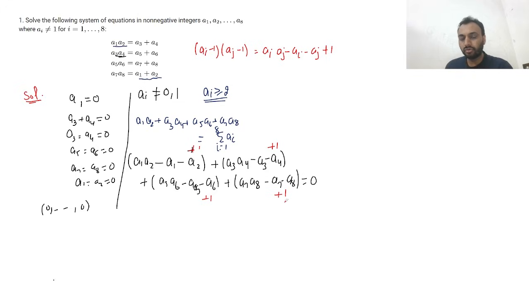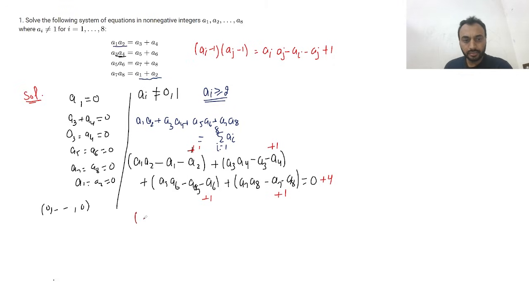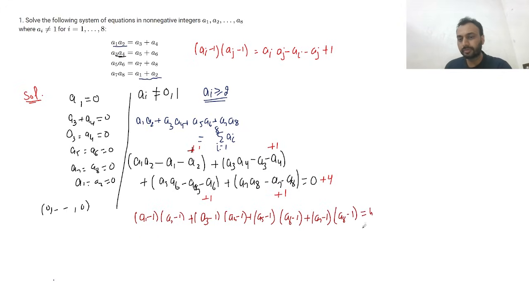As we are adding 4 on the left side, we have to add 4 on the right hand side. So we get (A1 minus 1)(A2 minus 1) plus (A3 minus 1)(A4 minus 1) plus (A5 minus 1)(A6 minus 1) plus (A7 minus 1)(A8 minus 1) is equal to 4.